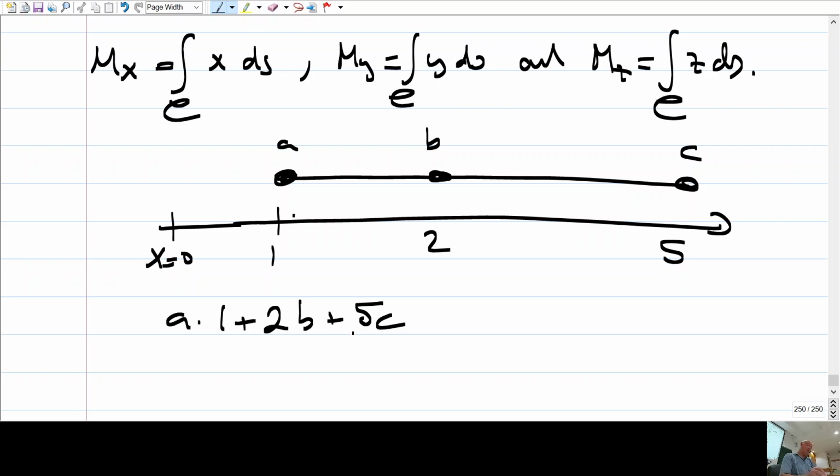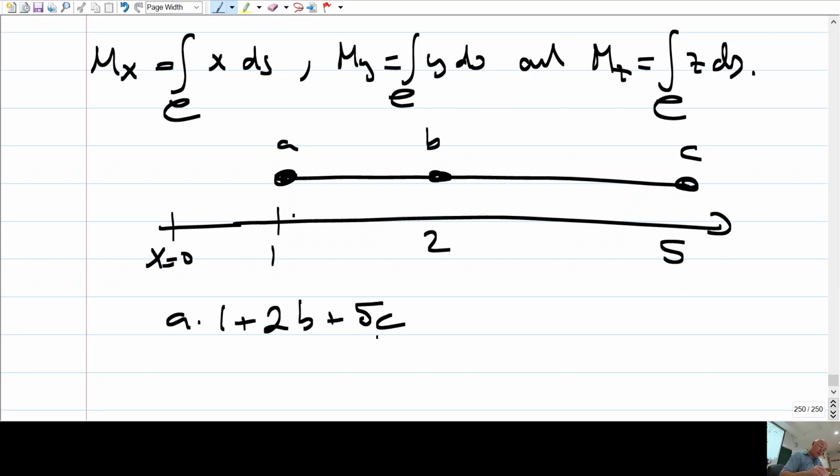Sonra da bunu şeye mi bölerdiniz? Toplam uzunluğa, değil mi? Yok.